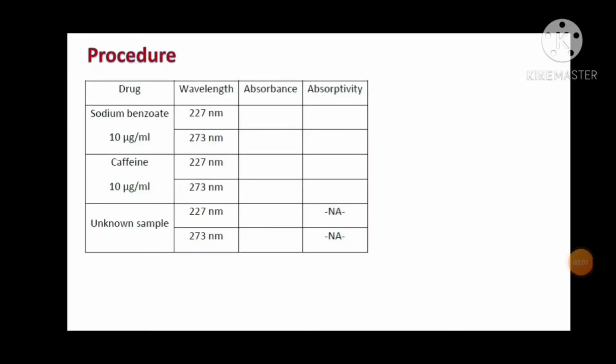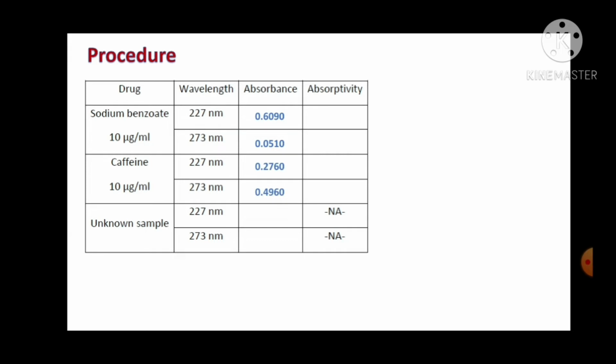Once the dilutions are done, we have recorded the absorbance using the UV spectrophotometer. For standard sodium benzoate, we have recorded the absorbance at 2 wavelengths, that is 227 and 273. This is the absorbance we got.